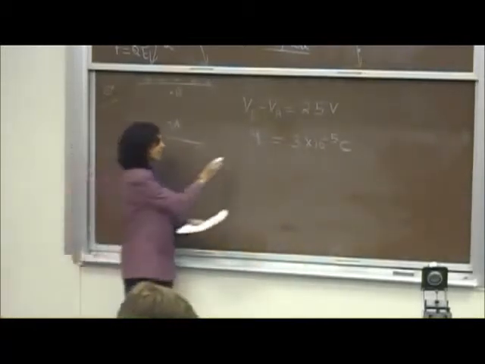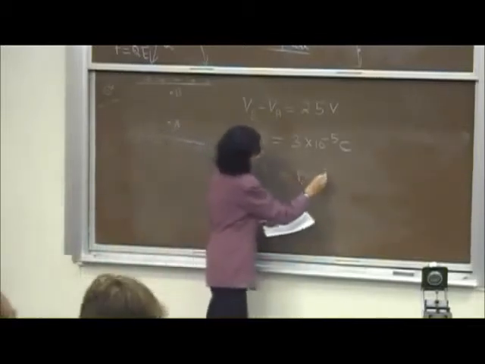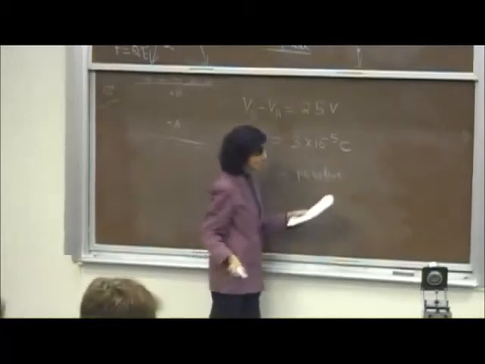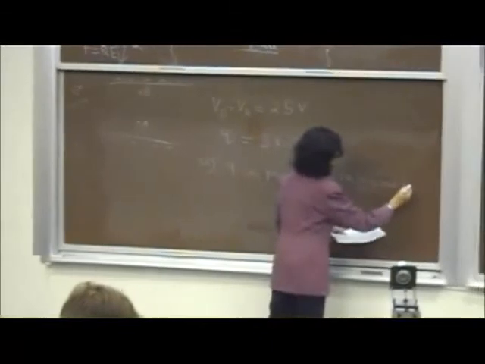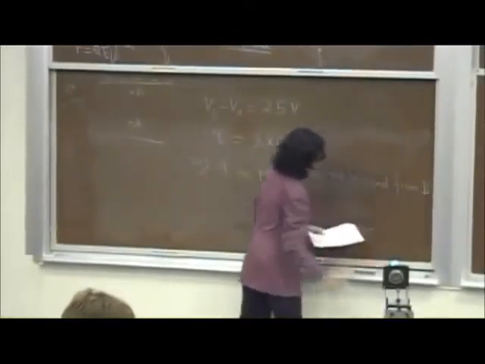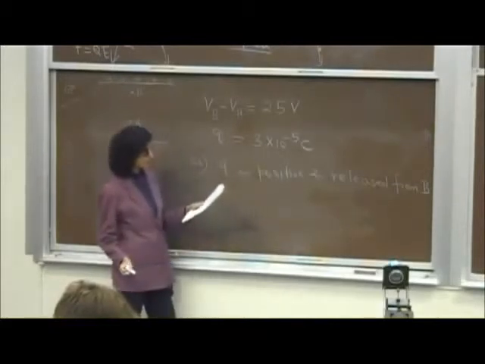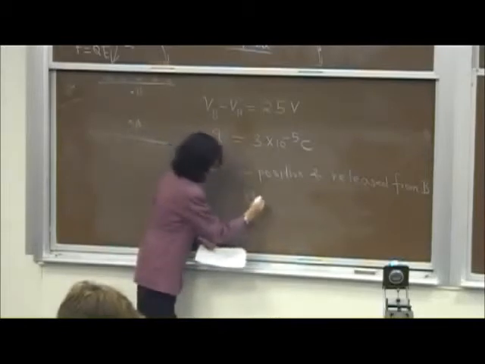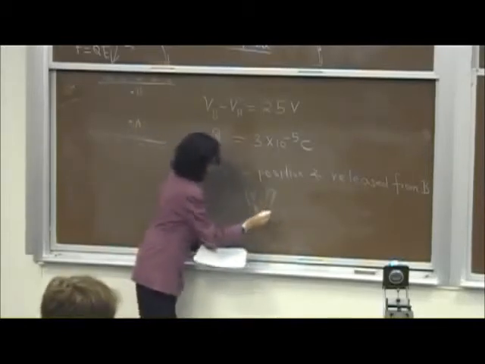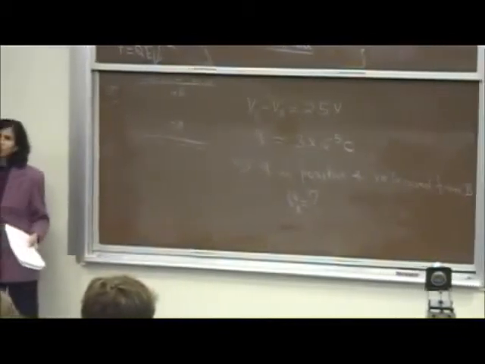Part A says Q is positive and released from point B. The question is asking, what is the speed when it reaches point A? Is everybody understanding the question? And you're supposed to ignore the frictional forces and the gravitational force.